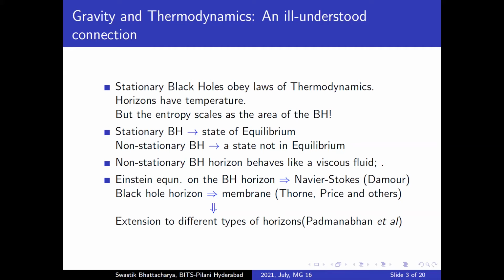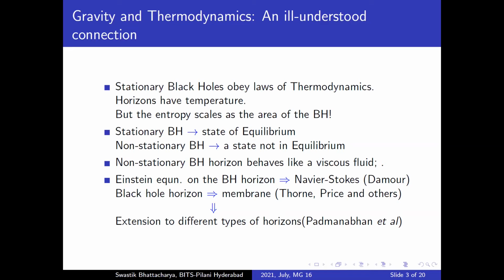So Damour was looking at the Einstein equations on the black hole event horizon. So people looked at something called a stretched horizon, which is a time-like surface situated at a small but finite distance away from the black hole event horizon. We typically call it the membrane. So it was noted that the membrane equation is also the Navier-Stokes equation.